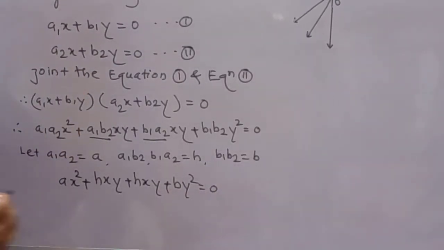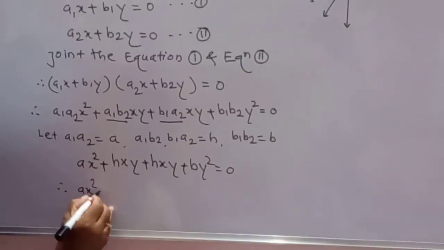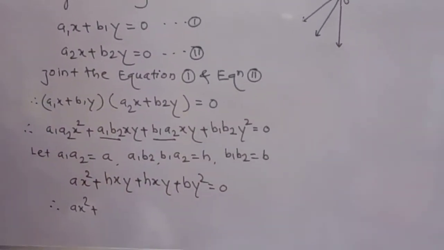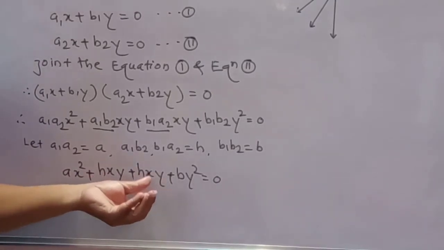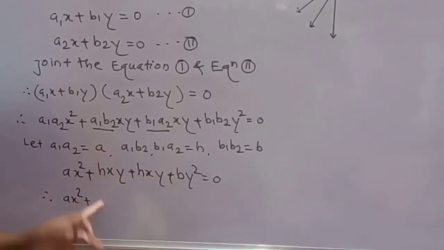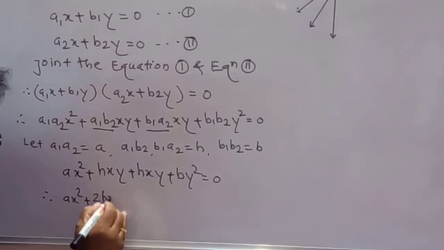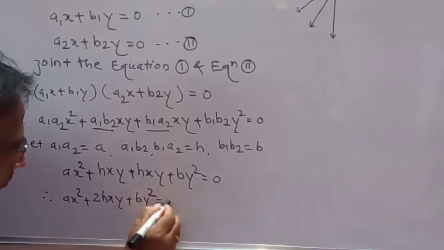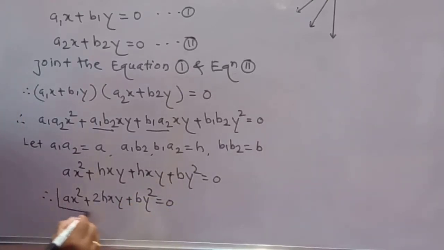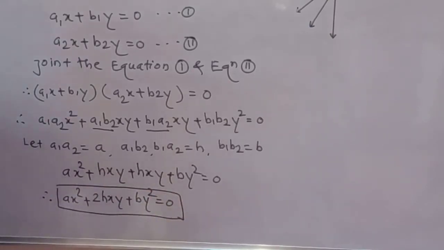The addition of hxy plus hxy is 2hxy. Therefore ax square plus 2hxy plus by square equal to 0. This is the homogeneous second degree equation in x and y.